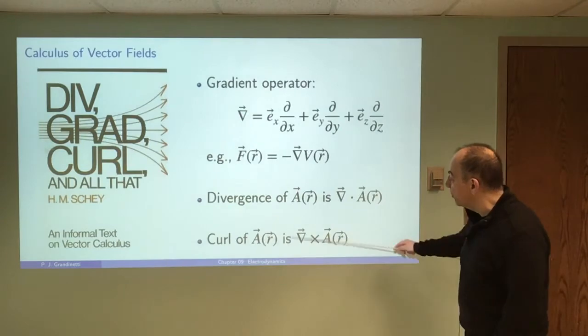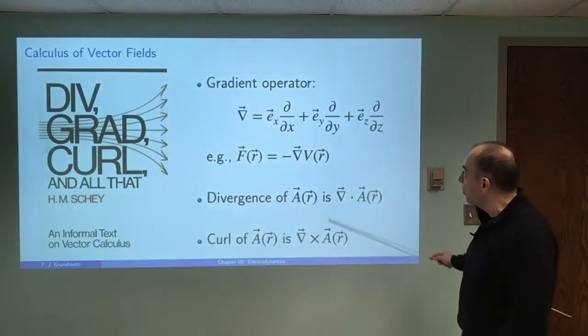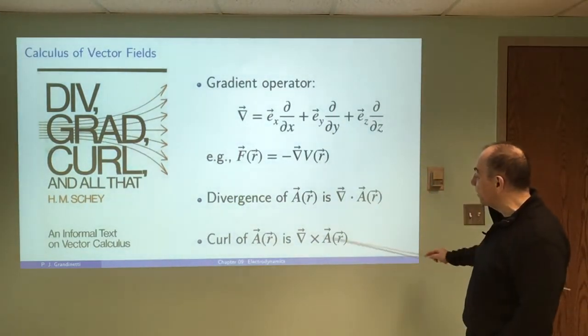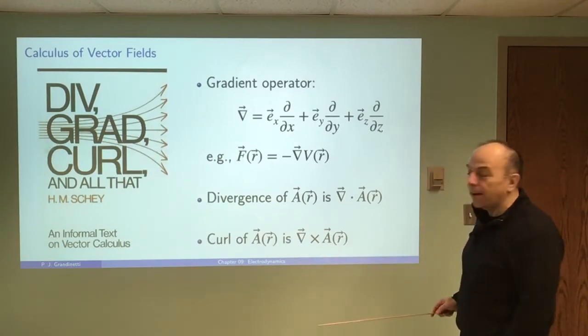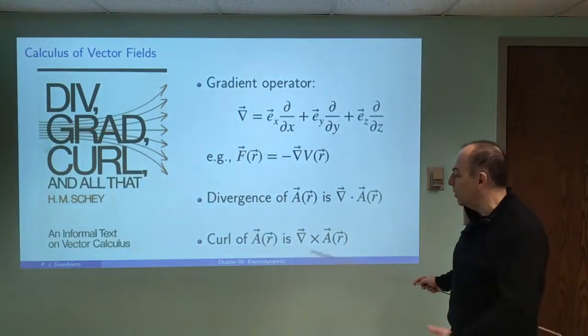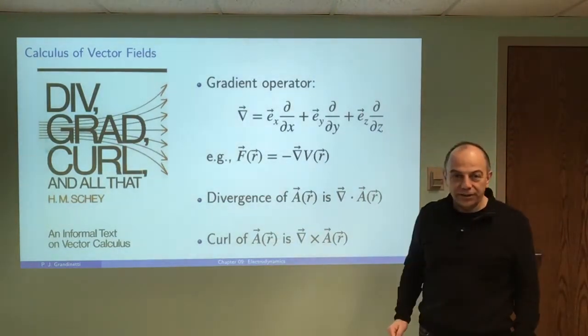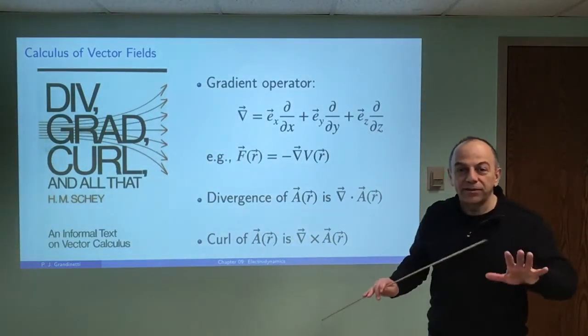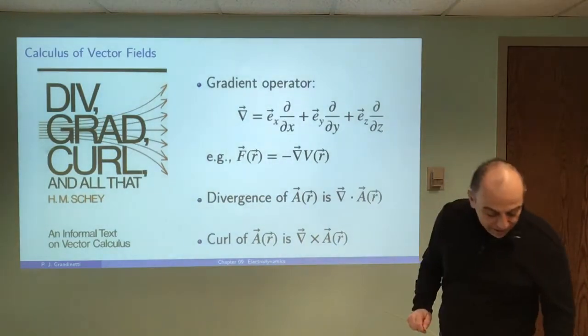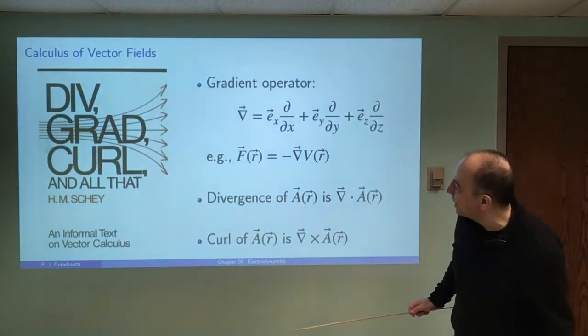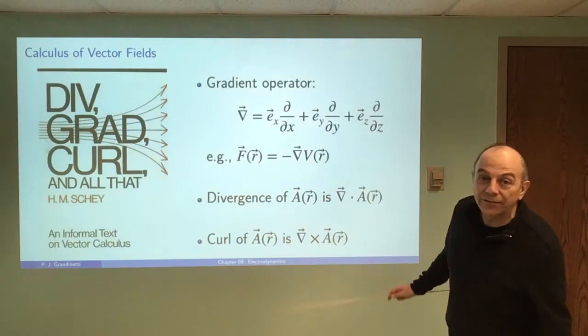And you can also do a cross product. When you do the cross product of the gradient operator with a vector field, you get another vector field back, which represents what we call the curl of this vector field. Don't worry, we're going to give some more pictures here where you can understand better what these operations are telling us. So let's start with the divergence.